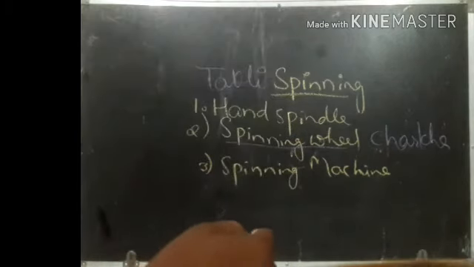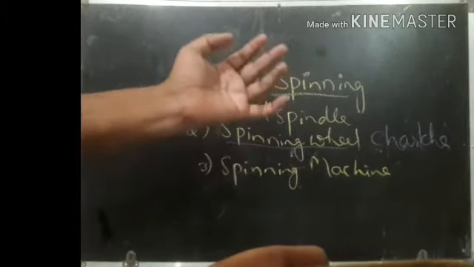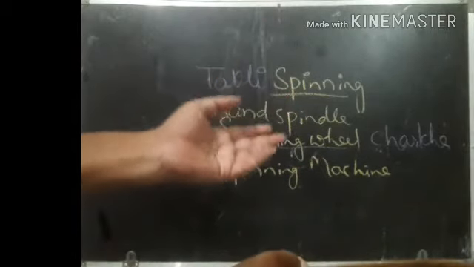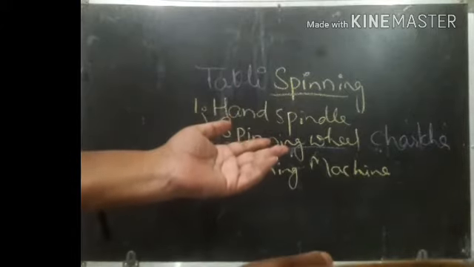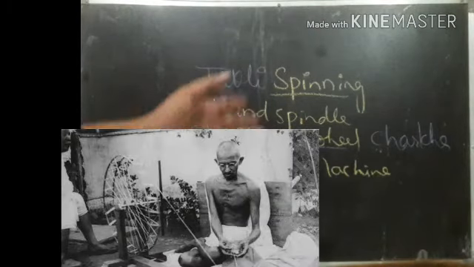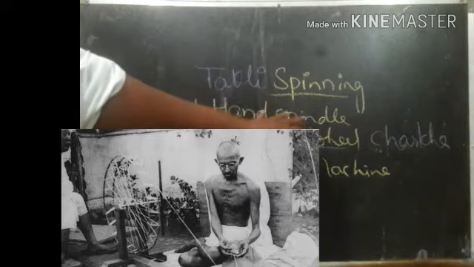And you know one thing, charka is the device which was used by the father of the nation, Mahatma Gandhi. He used it as a part of the independence movement of our country. Mahatma Gandhi encouraged the people to weave cloth on their own and use homemade cloth, and he discouraged the people from using imported cloth or the Britishers' cloth. So spinning of yarn can take place with the help of charka.